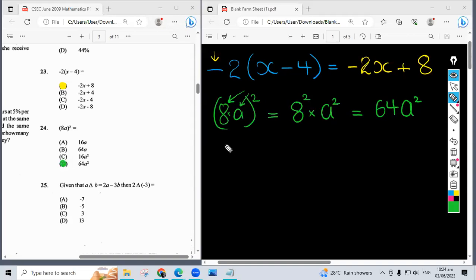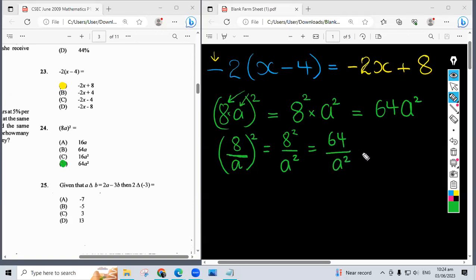Let me just rephrase this question two other ways. If it was 8 on a, and it's a divide, and I had this squared here, let me know if what I am doing would be correct. The squared would belong to the 8 and the a at the same time, because the whole thing is in brackets and you have a square. Would you all classify that answer as correct?